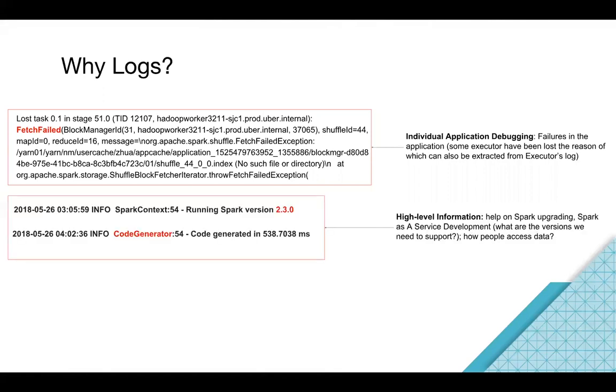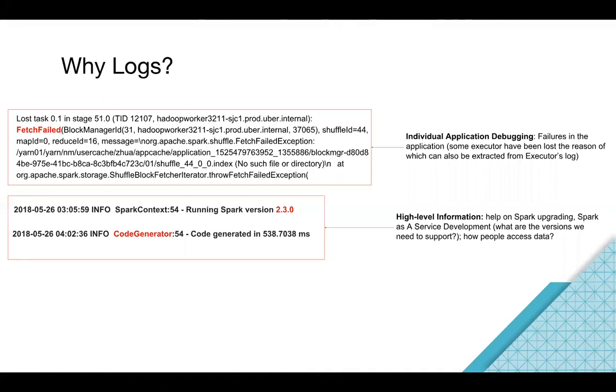And the other information is about some high-level information. For example, in logs, we can check what's the version of Spark we are running. And by checking if there are some log entries from some specific class, we can know which API the user is using. It is using Spark SQL, or it is using Hive to access our data.